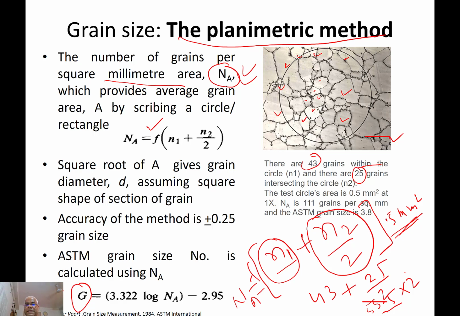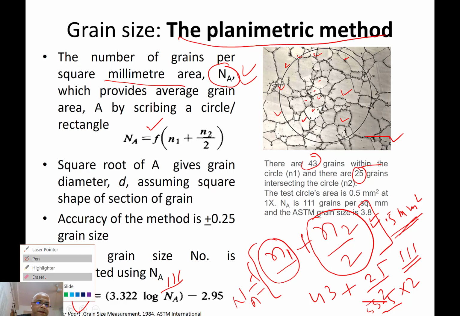So the number of grains in 1 square area will be simply double in this case, so it will be 111 grains per square. If we put the 111 here, the number of grains per square, in this equation, then we get the value of the ASTM grain size number 3.8 after the calculation. So this is the simple method of determining the ASTM grain size number.